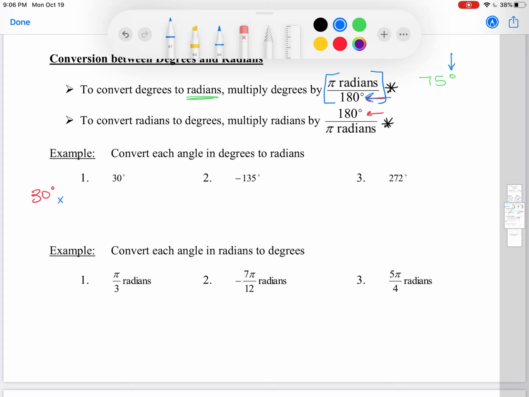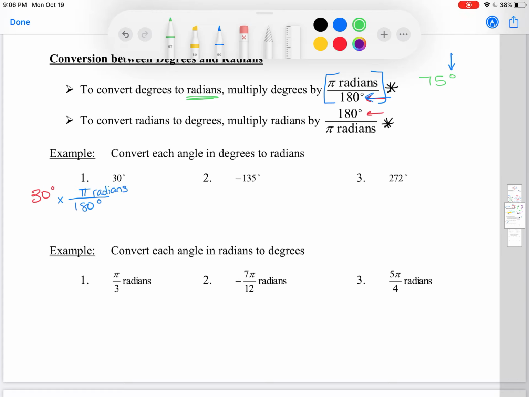So if I have 30 degrees, I have to convert from degrees to radians. So I want to essentially get rid of my degrees. Well, the only way to get rid of degrees when 30 is up in the numerator is to put 180 degrees down in the denominator so that your degrees can cancel with one another.